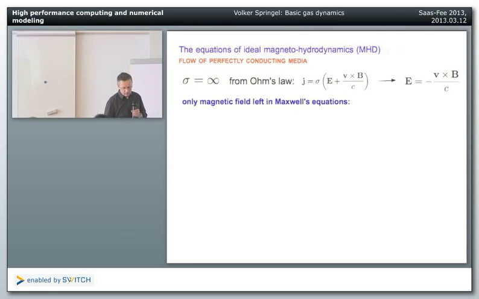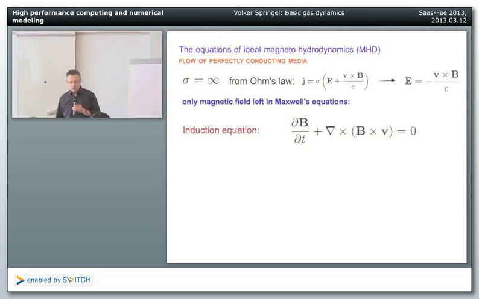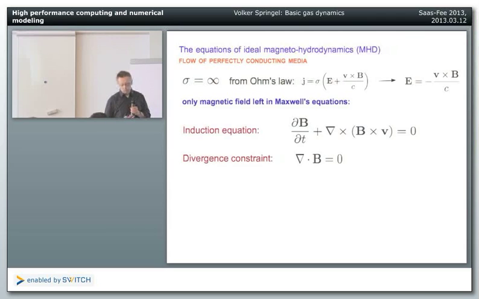And with this you can work on Maxwell's equations and get rid of the electric field there and simplify Maxwell's equations, and you find out then that we should have an induction equation in this form, that the time evolution of the B field from Maxwell's equation is then given by an expression like this. And the other magnetic equation that is surviving is the so-called divergence constraint, div B equal to 0.